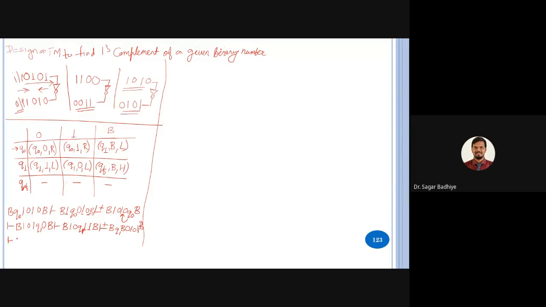So the next state will be like this: blank. You will go to QF, with blank 0101 in the output, and this is a blank. So this is the required output. This was the input. You can see that this is a complement of the given input. I hope this is clear to you.